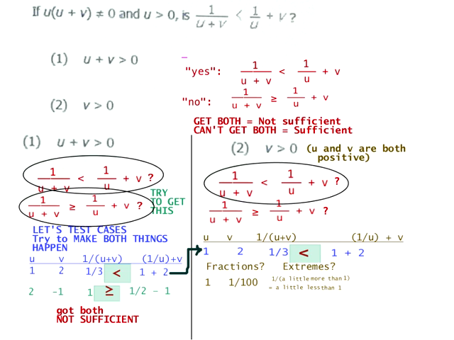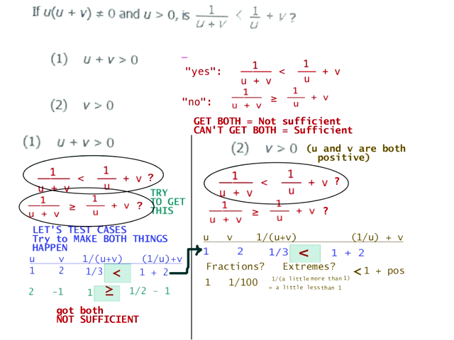It's 1 plus positive. So this is still less than. Okay, that didn't work.